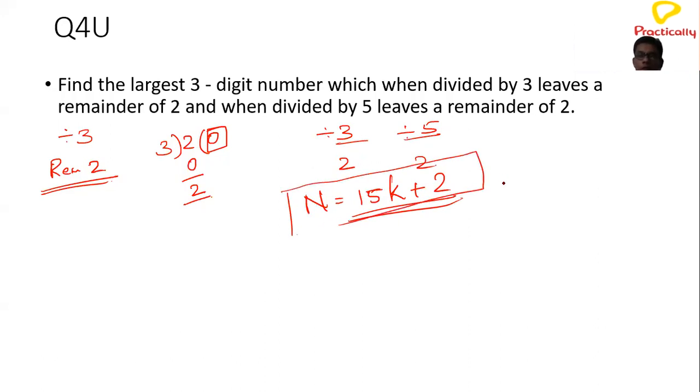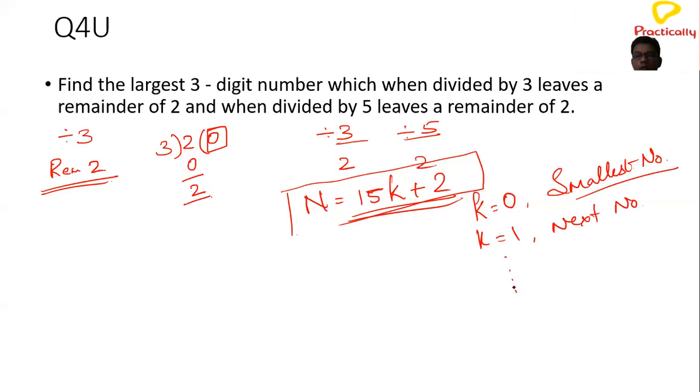When I place k value as 0, that's when I get the smallest number, as long as the number is positive. When I put k value as 1, I get the next number. And so on. When I start placing k values, I start getting different numbers.